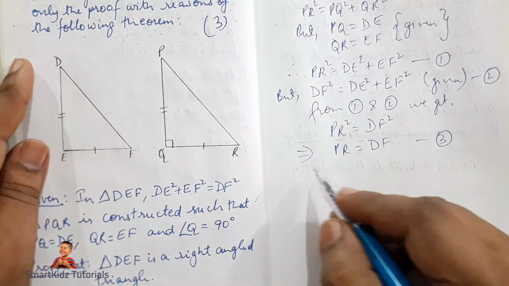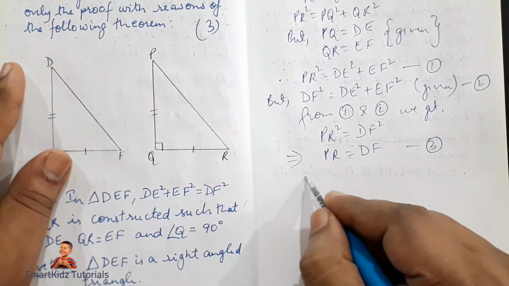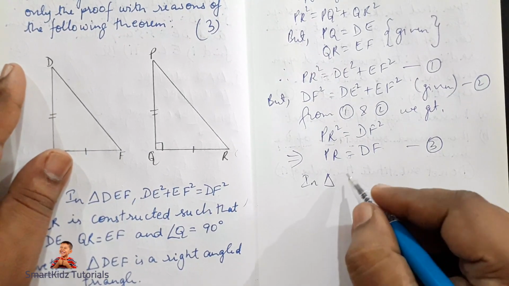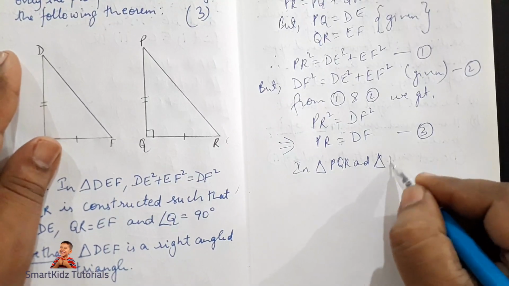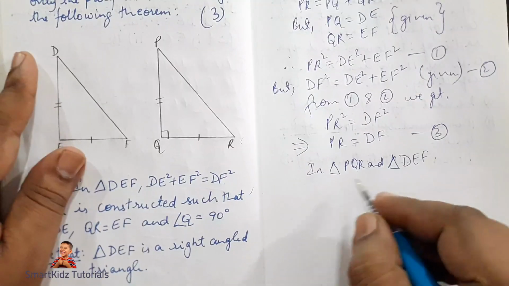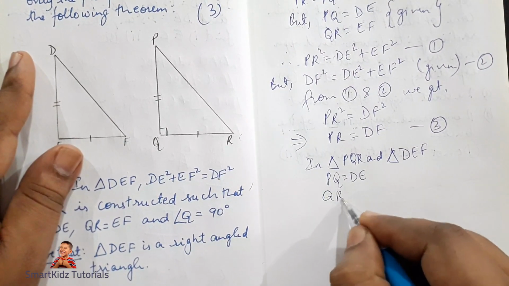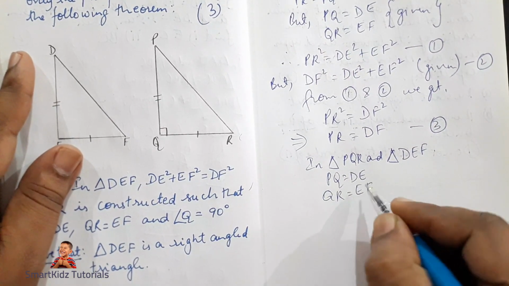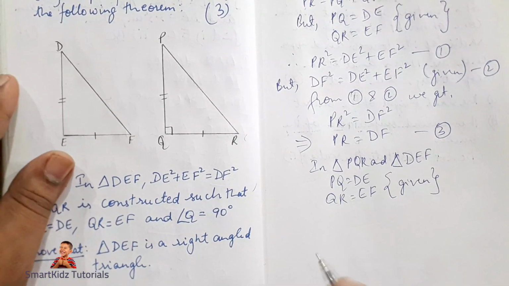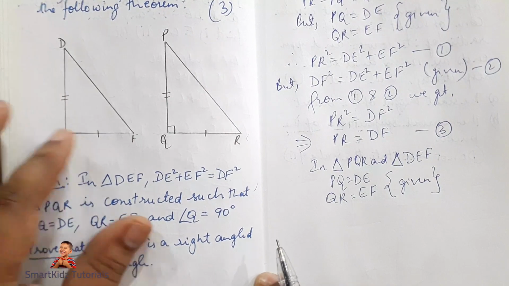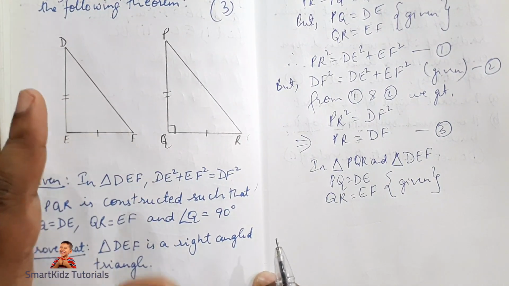Next, what we'll do is we'll take these two triangles and try to prove them similar to each other. In triangle PQR and triangle DEF, PQ equal to DE, QR equal to EF, this is given to us. We will be proving them as congruent to each other, sorry, not similar.